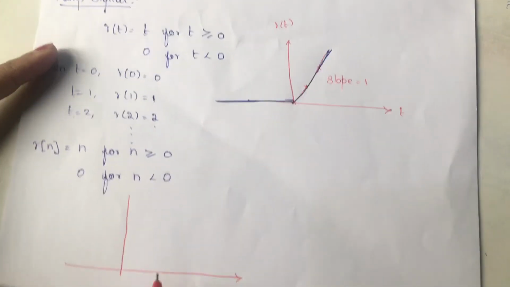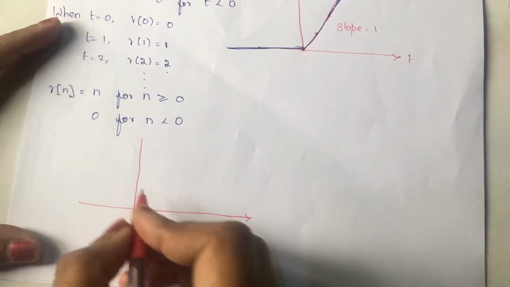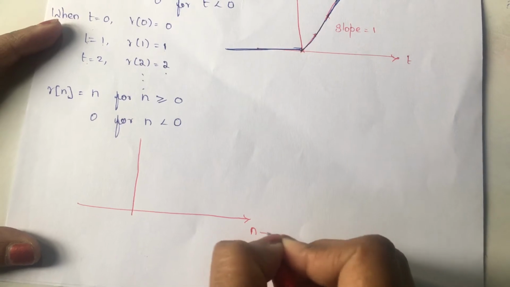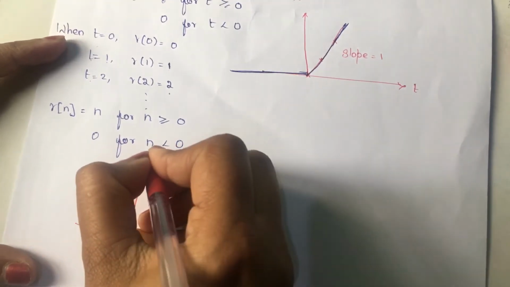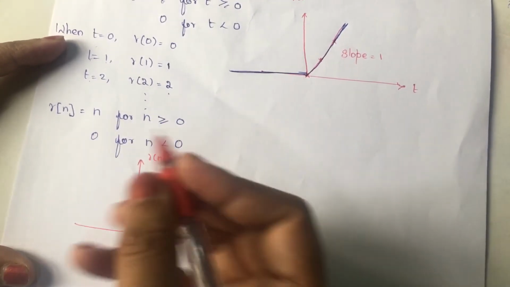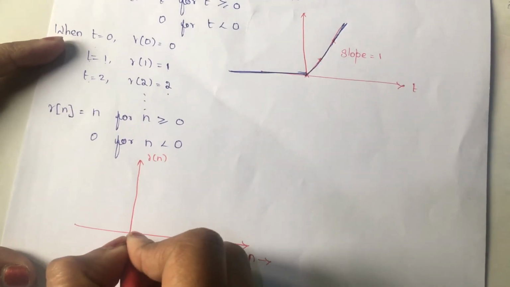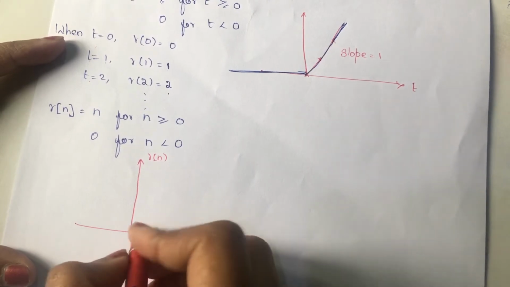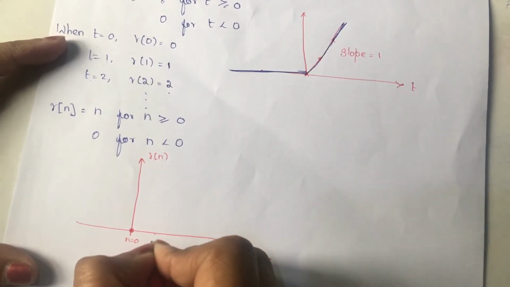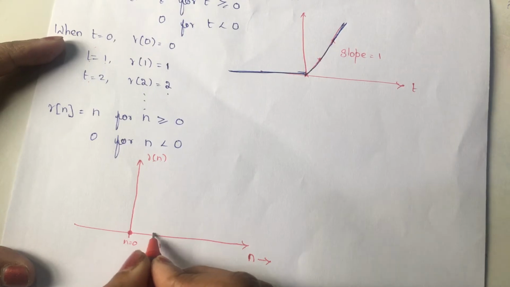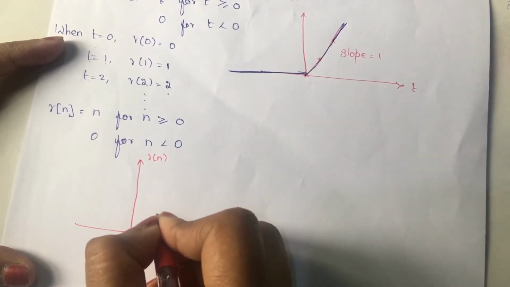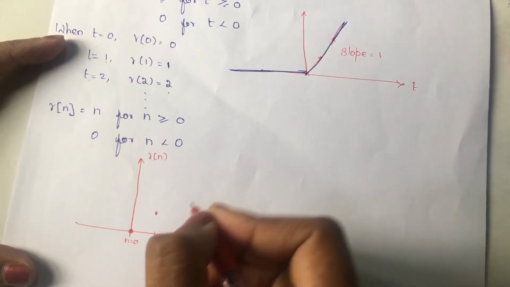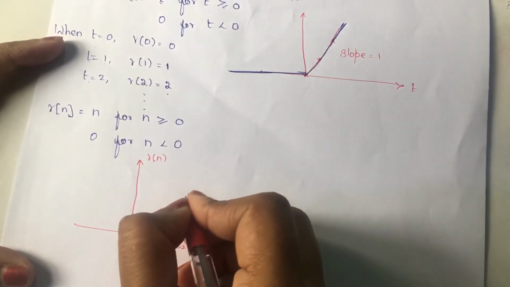Let us draw the graphical representation for the discrete ramp signal. We need to represent the x-axis by means of samples, that is n, and the y-axis is r of n. When n is equal to 0, r of n is also 0. When n is equal to 1, r of 1 is equal to 1. When n is equal to 2, r of 2 is also 2.